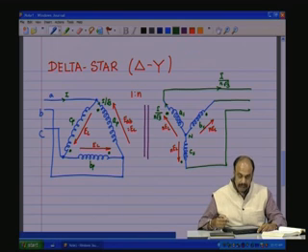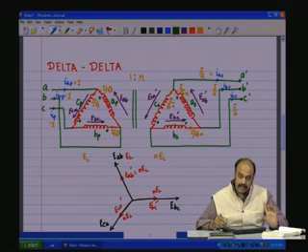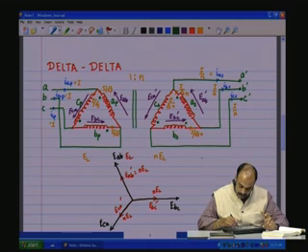That is the relationship. So, remember, in the case of the delta delta, two things that you need to remember always.